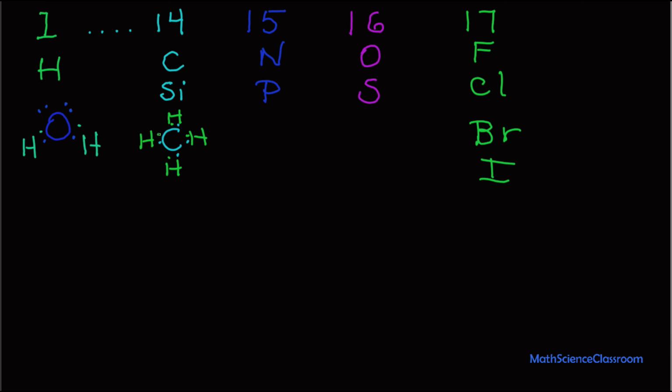Silicon dioxide. Silicon dioxide is SiO2. So we have the silicon. Now, silicon will create double bonds with oxygen. So in each double bond, we have 4 electrons.